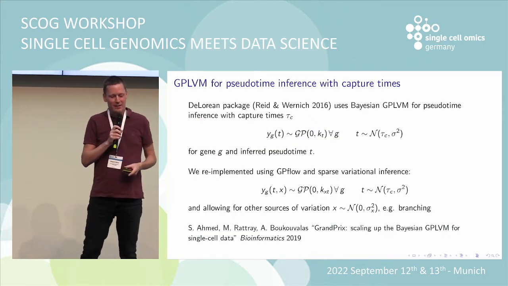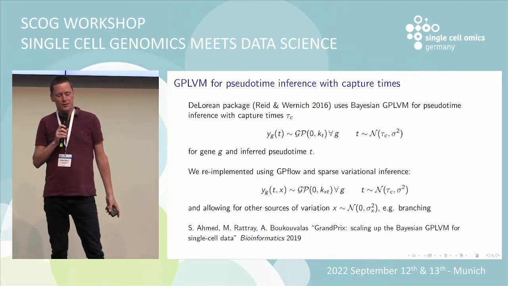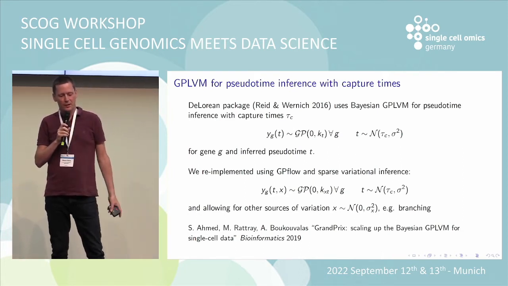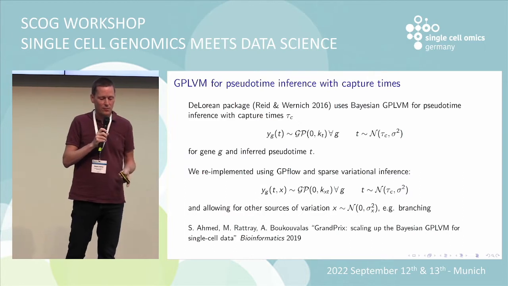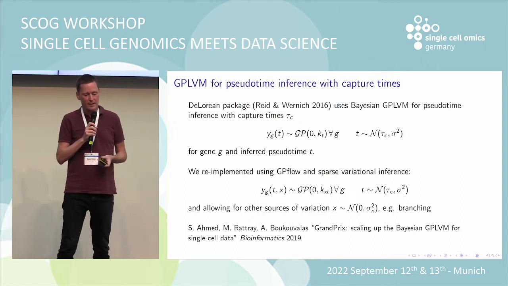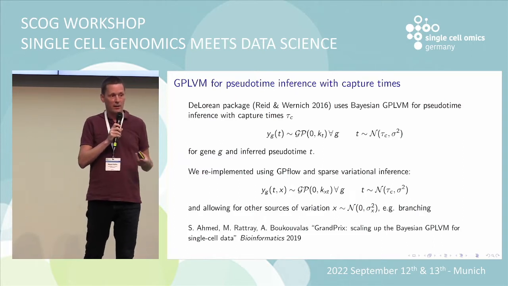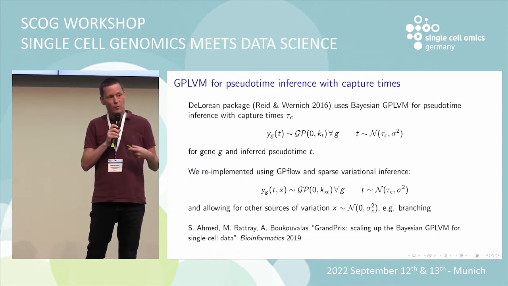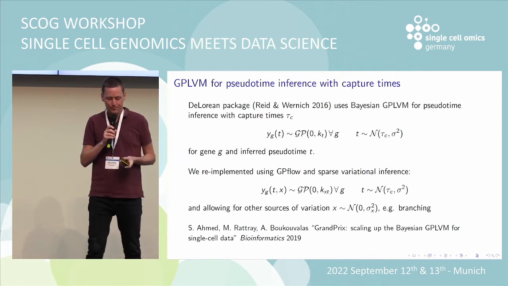So the twist here is that John Reid and Lawrence Wernisch introduced a Gaussian process method which did pseudotime, but in the case where you have capture time information. So it's a sort of single-cell time series data set. And they did this by having a prior on the time variable, which they're inferring along with the Gaussian process regression model.